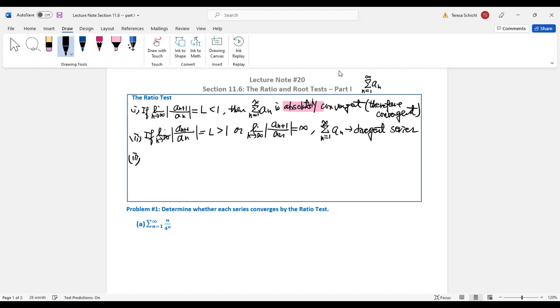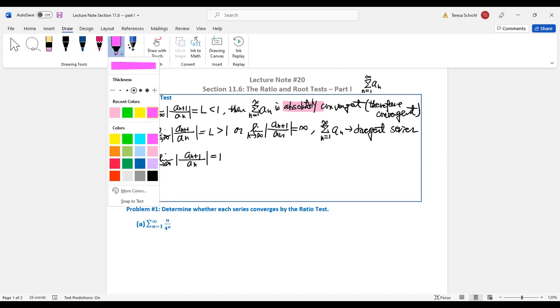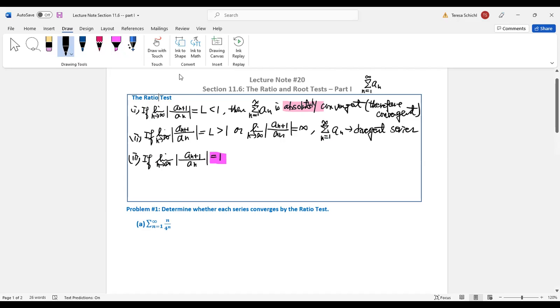The third one sometimes gives us trouble. If the limit as n approaches infinity of the ratio a_(n+1) to a_n is equal to 1, be very careful. Then the ratio test is inconclusive.